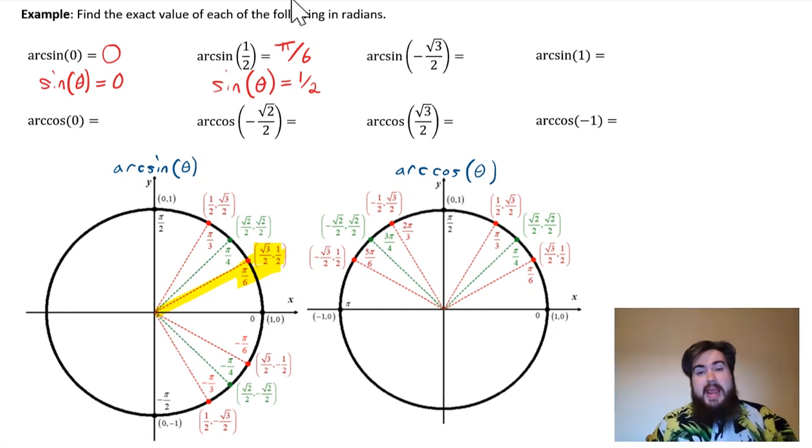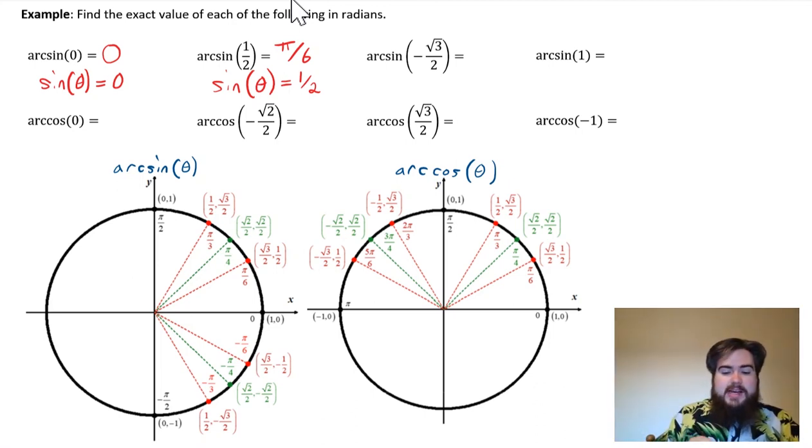For arc sine of negative root 3 over 2, in this case, the input, the inside, is negative. That means it's going to be not in quadrant 1, but the other quadrant for arc sine, which is quadrant 4. We're going to get something down in quadrant 4, more specifically between negative pi halves and 0, not between 3 pi halves and 2 pi.